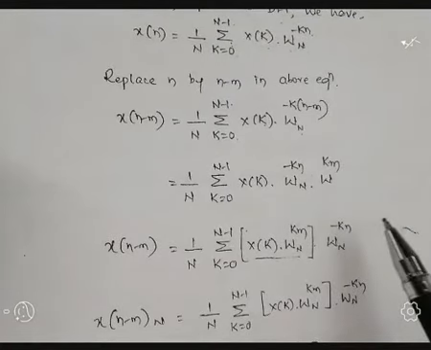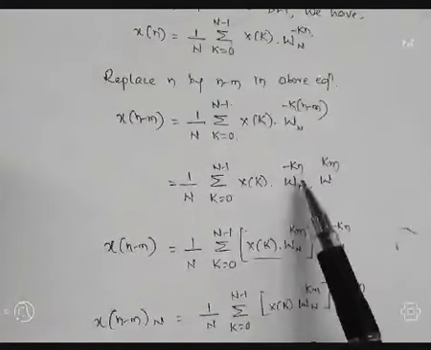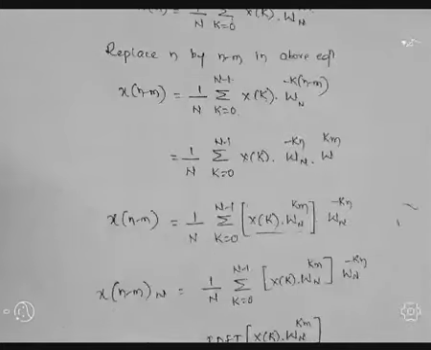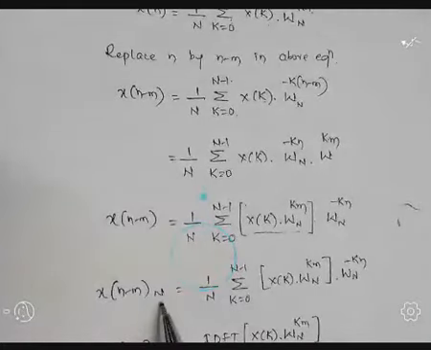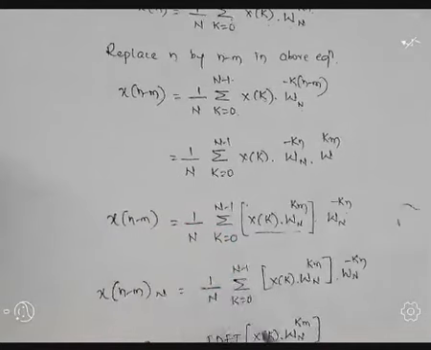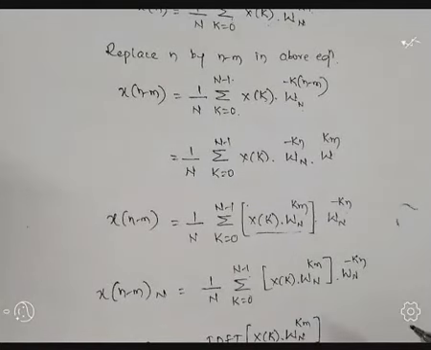This one I have taken inside, W_N to the power minus kn I have taken outside. Now the next step is x of n minus m of period length N, circularly shifted, equal to 1 by N over the limits k equal to 0 to N minus 1, the same thing I have written here.